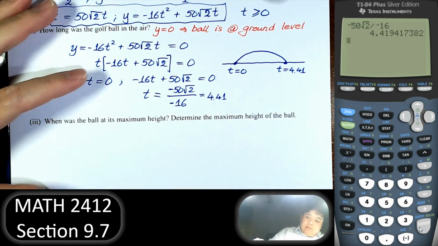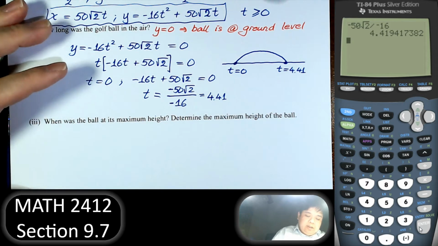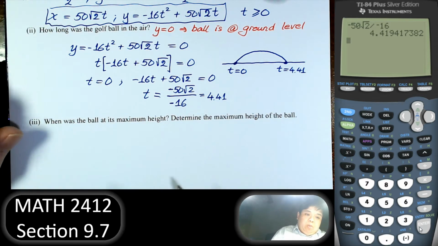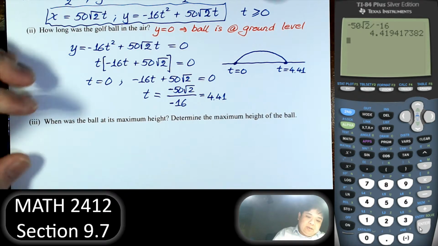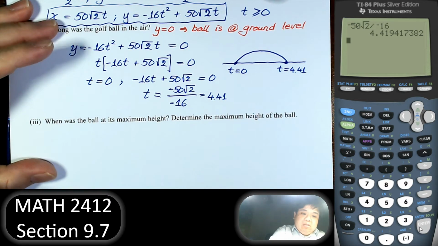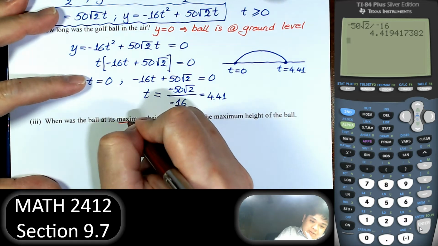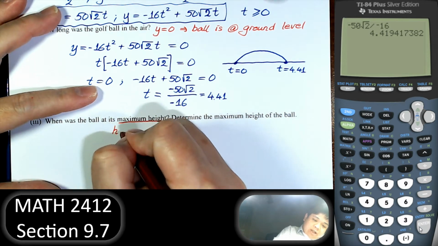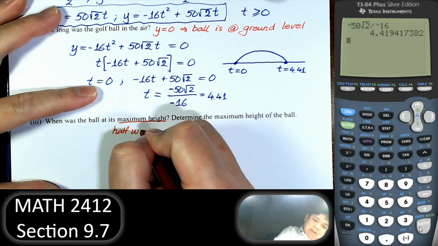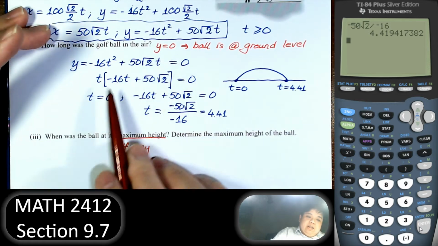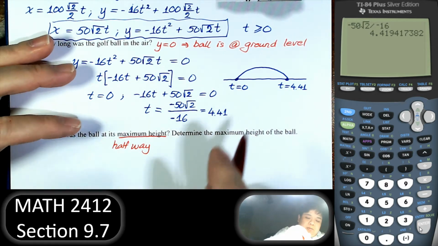So when the ball is at the maximum height, it is halfway of its path.